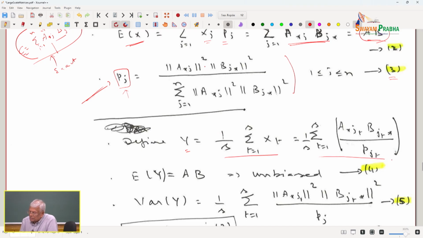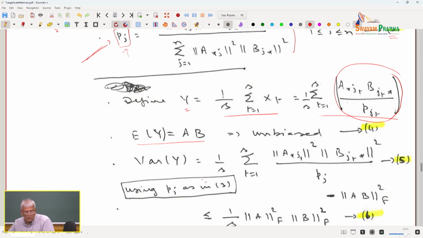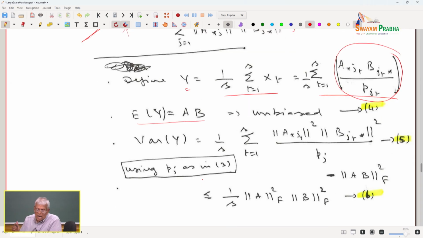We already know the expected value of the sum is the sum of the expected values. The expected value of the individual term is AB. So, the numerator will be s times AB, divided by s, giving AB. So, y is a good unbiased estimate of the product. So, I am going to estimate the deterministic quantity by a random quantity, and y is given by this. That is a random quantity.